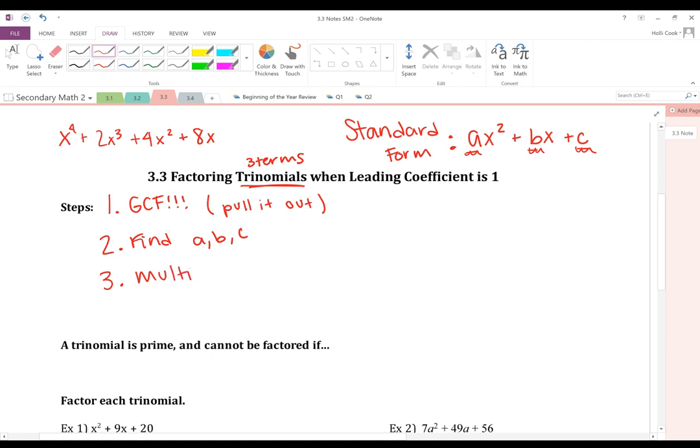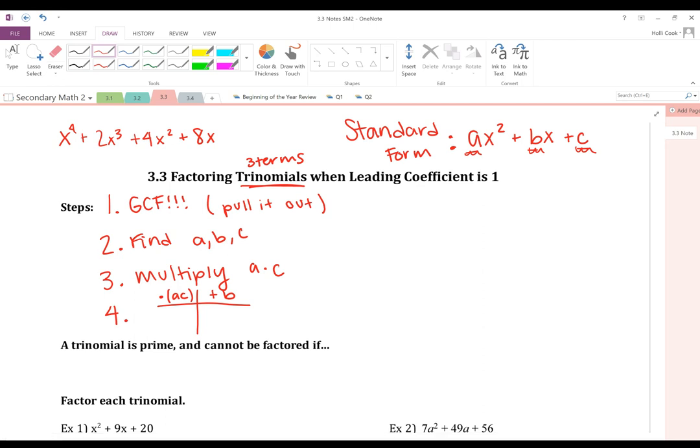Third step, we need to multiply A times C. And our fourth step is we're going to find 2 numbers that multiply to our AC value and add up to B. Remember, in the very first week when we were doing all those tables of things that multiply to this and add up to this, this is where we're going to use that. Whatever we get for A times C, we need to multiply to that and then add up to our B value.